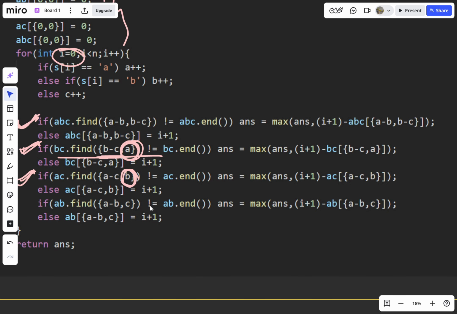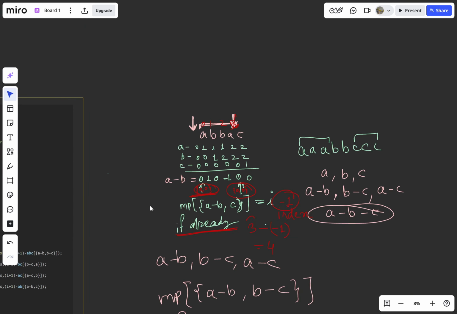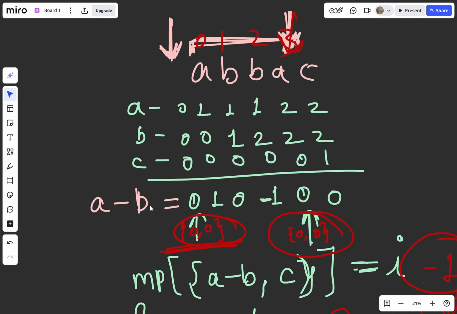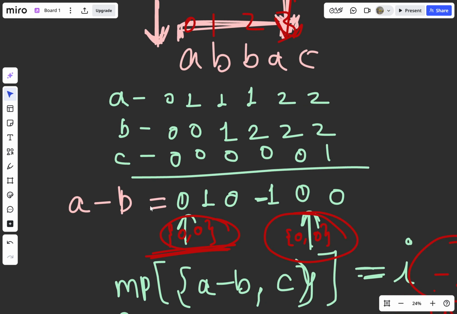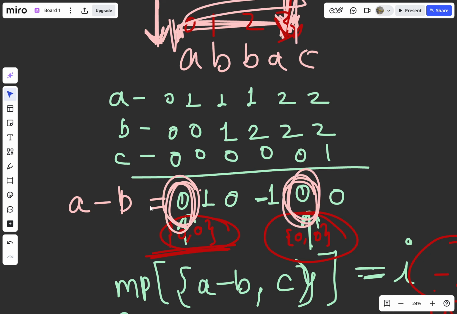In this case we are finding the A and B only, and in this substring none of the C is present. So the C count is also very important, and we have to store it.